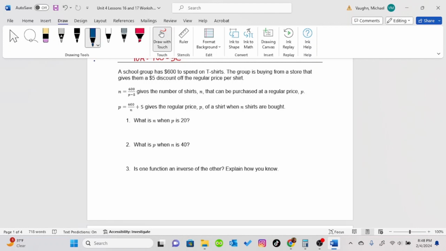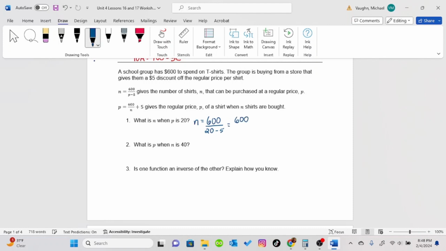If we want to know what N equals, we're going to use the first equation because they're telling us P. So we're going to use N equals 600 divided by, instead of P, we're going to substitute 20 minus 5.